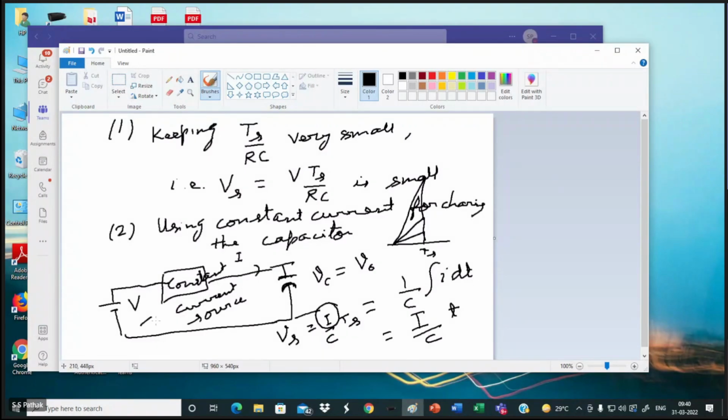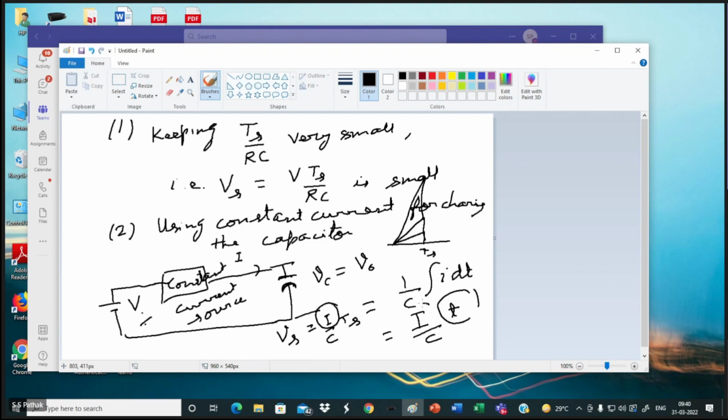So even for the same V I can increase the current in that source design. Or if I increase my V, even then I can change my I like that. That is the constant current source. So if I am able to make it like that, it is giving me a linear sweep.